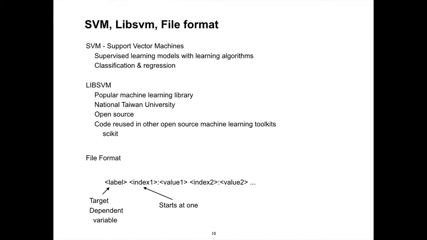And there's a popular machine learning library in Python called scikit-learn, which uses this format too. And the format is basically your label and then a space, and then for each independent variable you have an index and then the value, space, another index and value, so it could be like 1 value, 2 value, etc. Right?